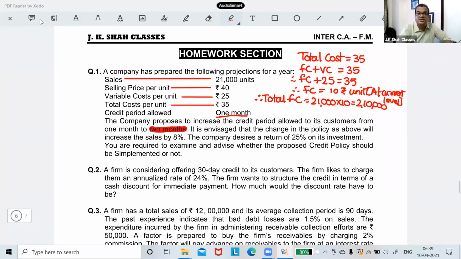It is envisaged, means it is thought, it is proposed that the change in the policy as above will increase the sales by how much? 8%. So because of that, guys, what will happen? Our current sale is how much? 21,000 units into selling price of 40. So the current sale is, I can say, 8 lakh 40,000.